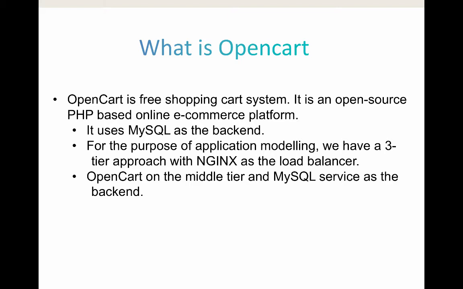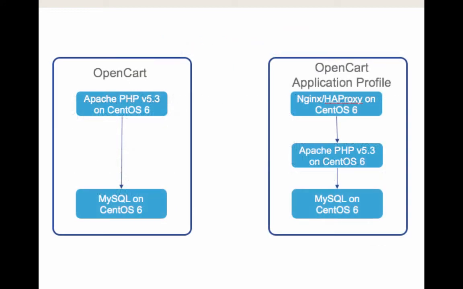So there is a database component and a web server component. For the purpose of modeling, we use 3 tiers. We have a load balancer in front, then your Apache web server, and then MySQL at the back. So this is what it looks like.